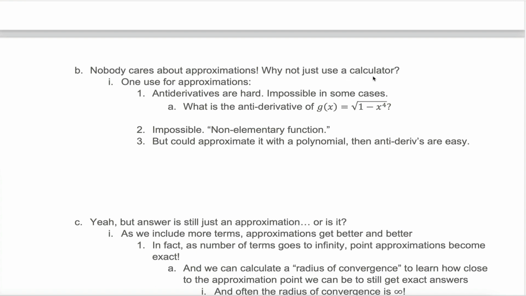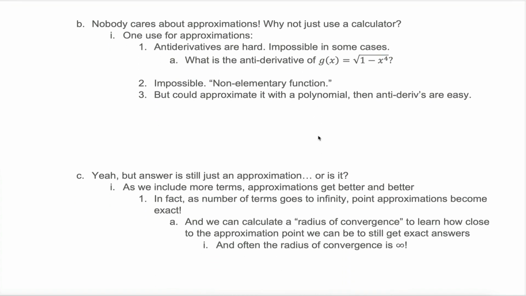Why do I really care about building a polynomial to approximate a function when I can evaluate the function exactly using a calculator? Well, there are lots of reasons, but one reason that might be apparent in a calculus class deals with antiderivatives. What you'll see in a Calculus 2 class is that antiderivatives, unfortunately, are pretty hard. It's harder to come up with antiderivatives than it is to come up with derivatives.